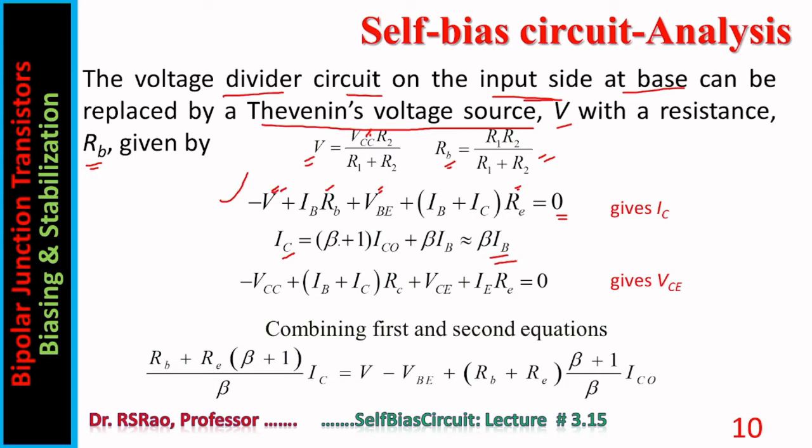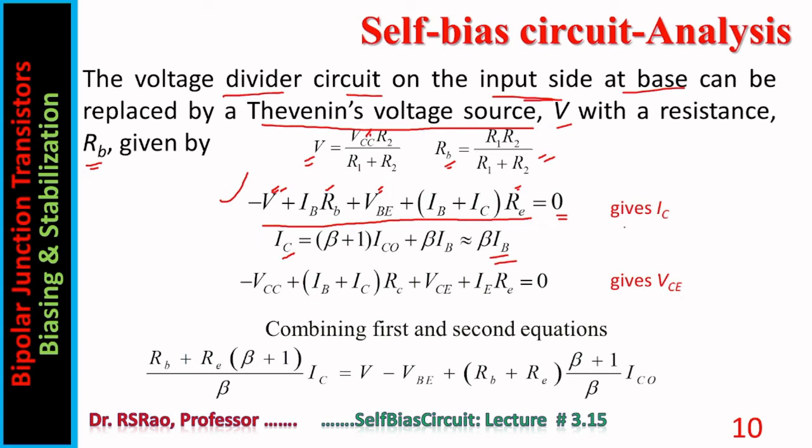The exact relation is IC equal to (beta plus 1) IC naught plus beta IB. If IC naught is unavailable, then we can approximate IC as beta IB. Beta is known. So one can write IB in terms of IC by beta. So in this equation, we have only one unknown, that is IC, after IB is replaced by IC by beta.